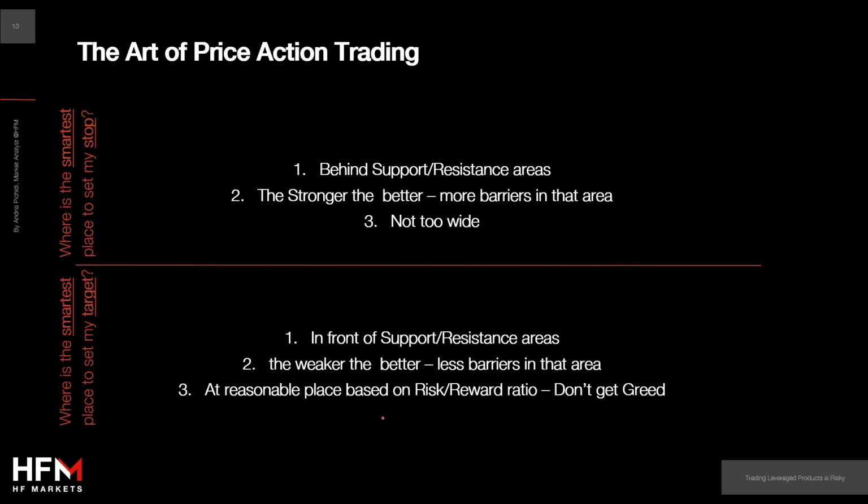So, okay, that's just a bit of a summary on where you can place your support and resistance, so your target and your stop loss. But as I said, each one of you has his own system. Okay, this is just some ideas that you can consider.